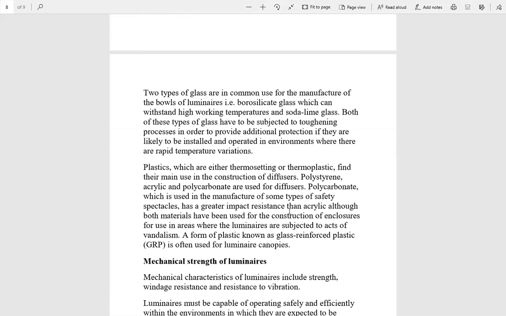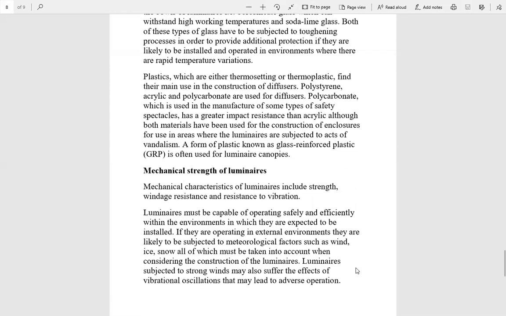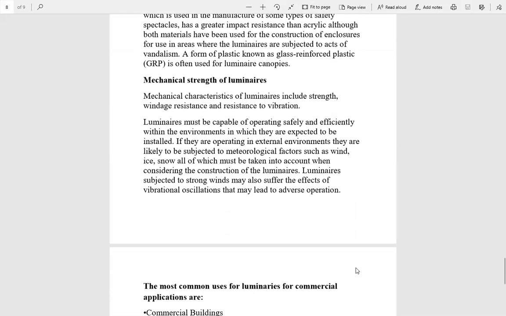Polycarbonate, which is used in the manufacture of some types of safety spectacles, has a greater impact resistance than acrylic, although both materials have been used for the construction of enclosures for use in areas where the luminaires are subjected to acts of vandalism. A form of plastic known as glass reinforced plastic, that is GRP, is often used for luminaire canopies.